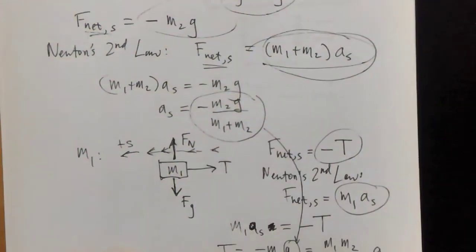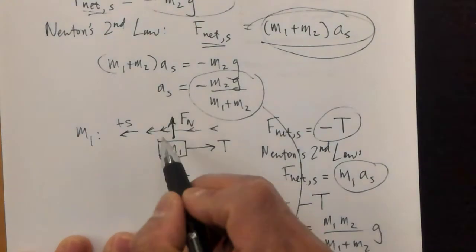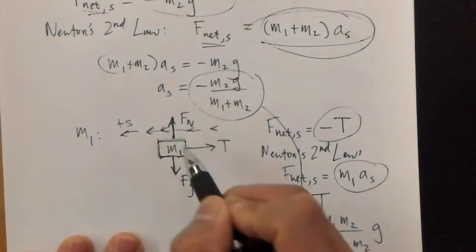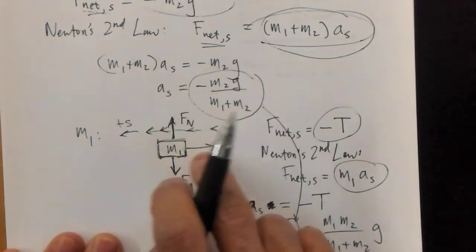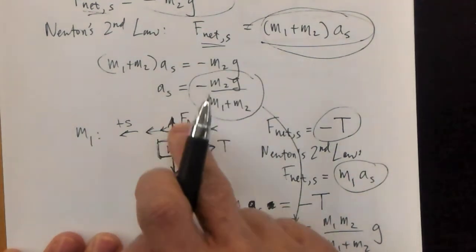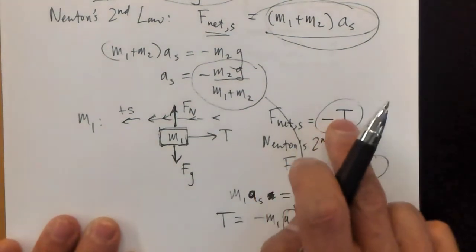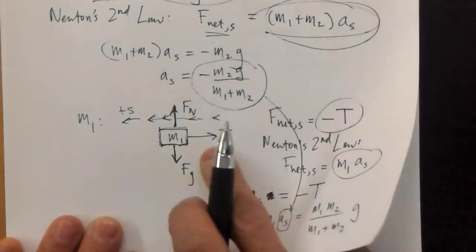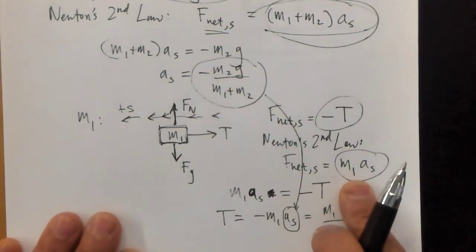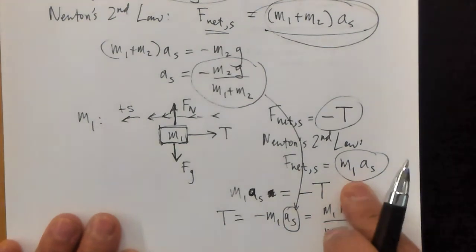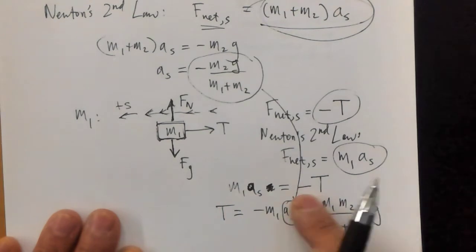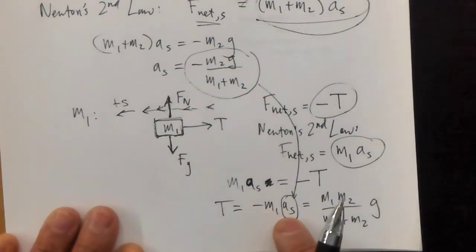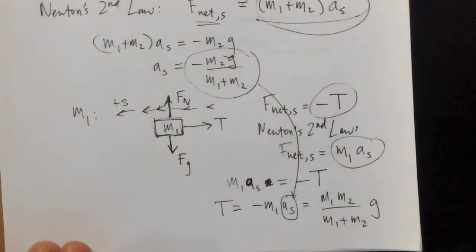And once we knew the acceleration, we could get the tension by looking at one of the masses. It didn't really matter. I took m1 because it was simpler. I only have to consider this tension here because these forces are perpendicular to the s direction. So I have minus T. Then Newton's second law says the net force must be equal to m1 times a_s. Then I can solve for T. T is negative m1 times a_s, and plug in the value for a_s. Any questions about this?